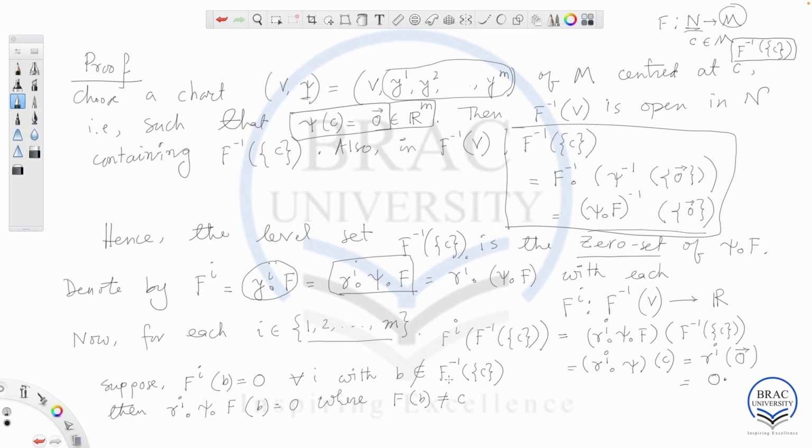Because B is not in the inverse image of C under F. That's why F of B is not equal to C, resulting in psi composed with F at B not being equal to psi of C. And we know that psi of C is equal to 0, right? From here.